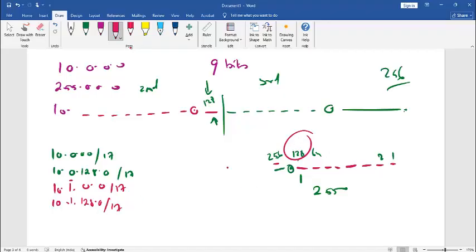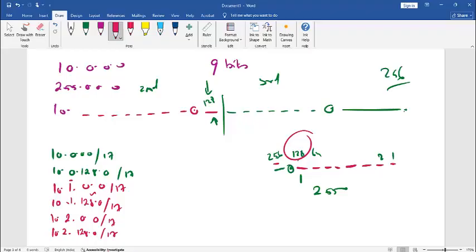Again, if you add 128 here, then it is 256, so it will again go to the previous octet: 10.2.0.0. Again, if you add, then it becomes 10.2.128.0. You agree? You understand up to here and you copy.